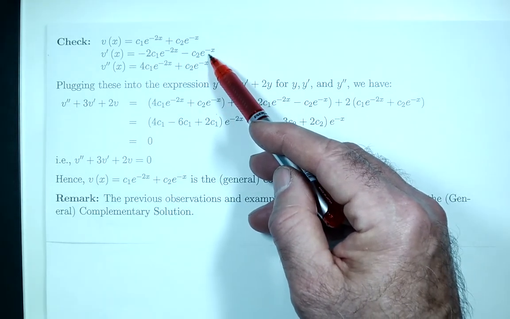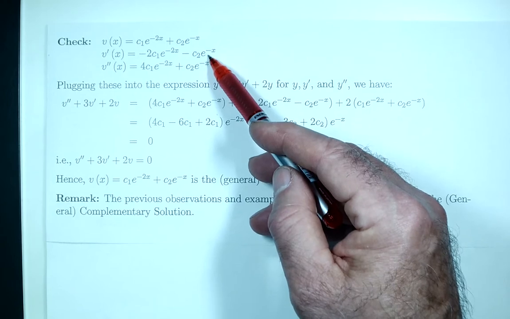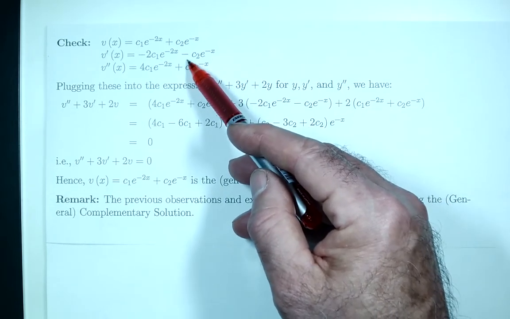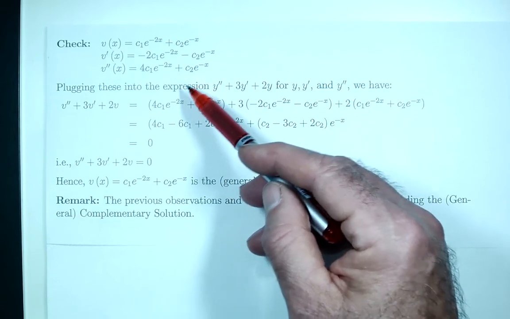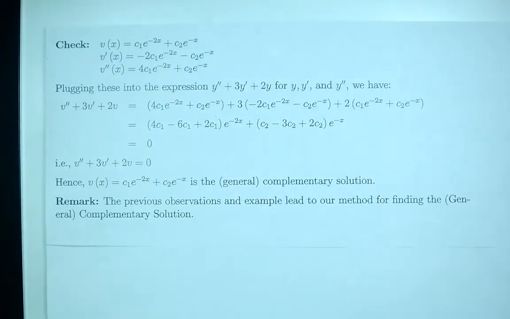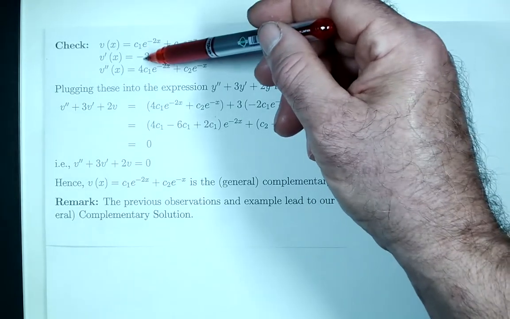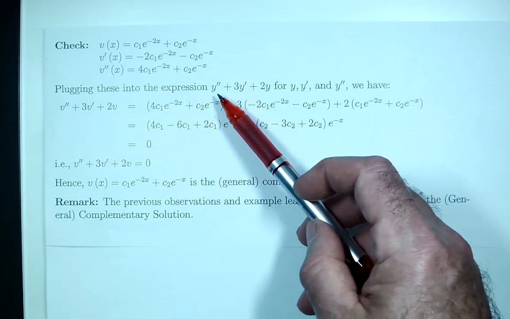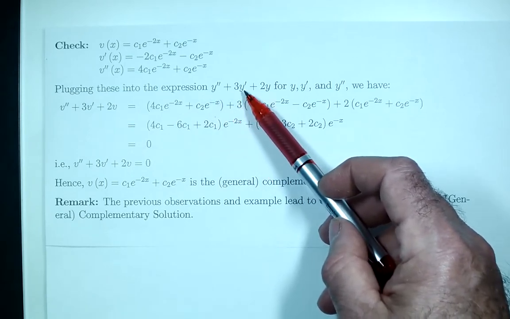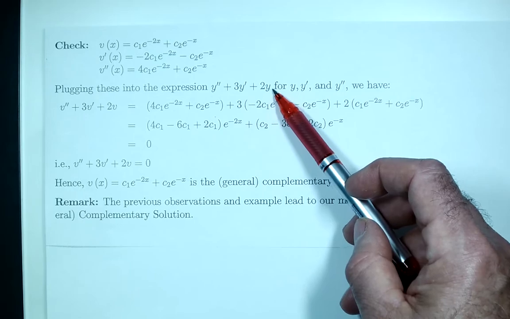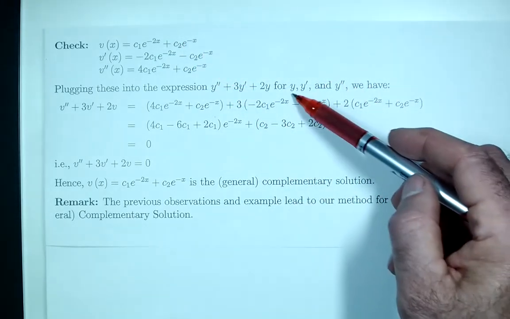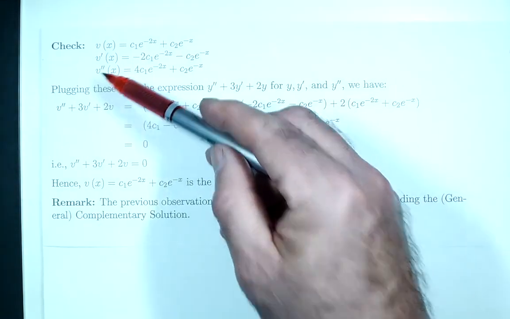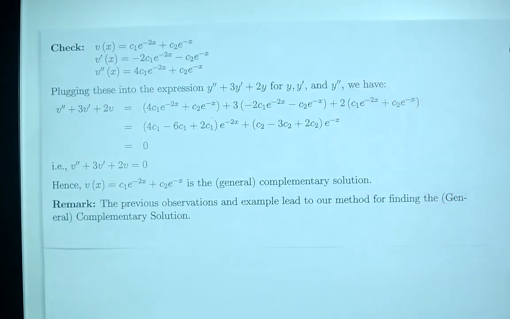Derivative of e to the negative x, derivative of the exponent is negative 1 times this negative 1 is positive 1, C2 e to the negative x. Okay. Here is v prime, and v double prime. And I'm going to plug these into the expression y double prime plus 3y prime plus 2y. I'm going to plug in v for y, v prime for y prime, and v double prime for y double prime.